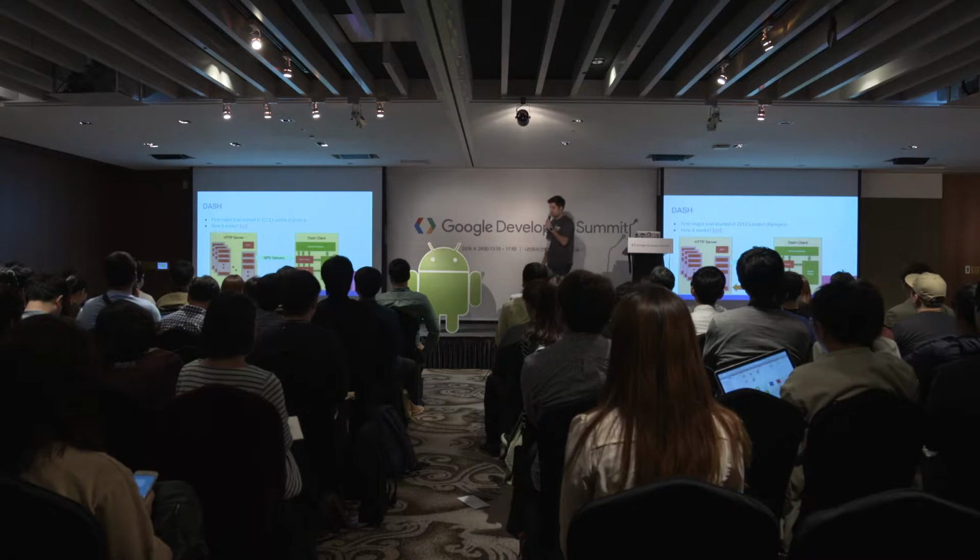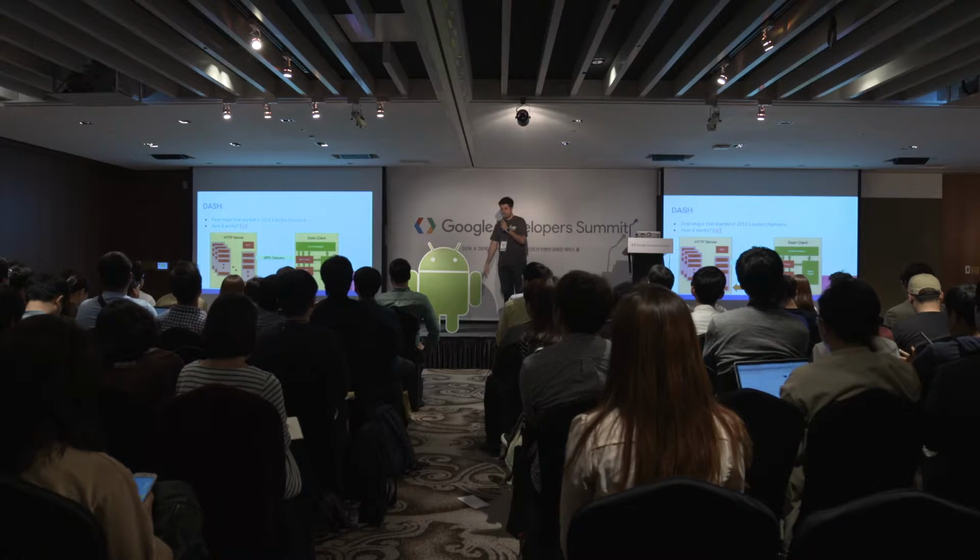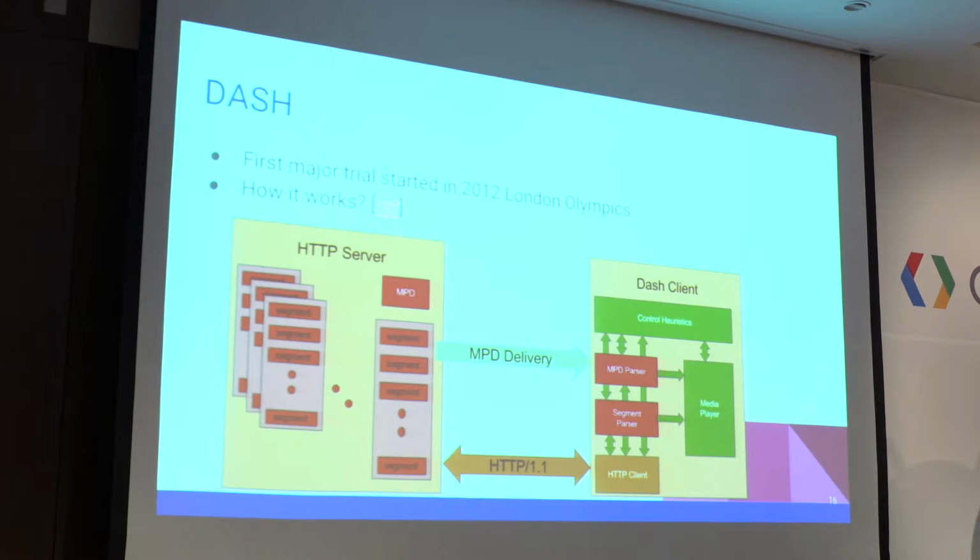Dash was standardized by MPEG around 2012, and the first experiment was during the Olympics, when people wanted to watch all the live sports on their phones.